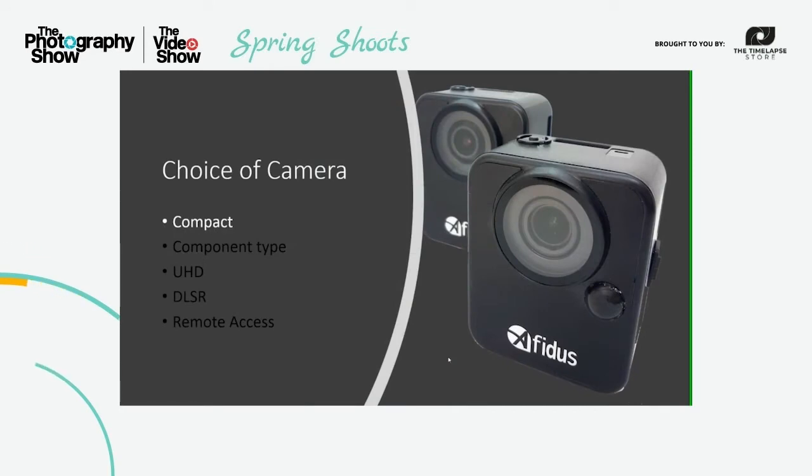The compact camera is probably the most widely sold time-lapse camera in the UK and Europe. Very easy to use, self-contained, probably run on a standard series of AA batteries, automatically capture the images and convert them into a video file, either AVI or MP4 format.